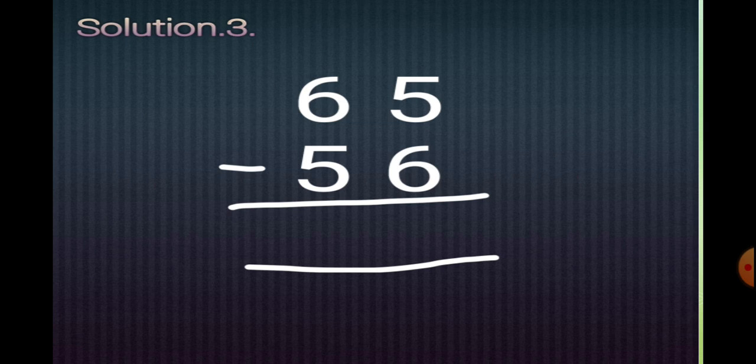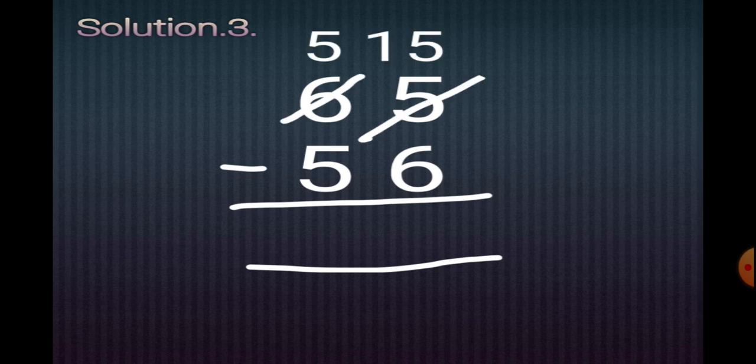Again take 1 ten from the tens digit. So your tens digit will become 5 and that 1 ten is equal to 10 ones and we have already 5 ones. 10 plus 5 is equal to 15.